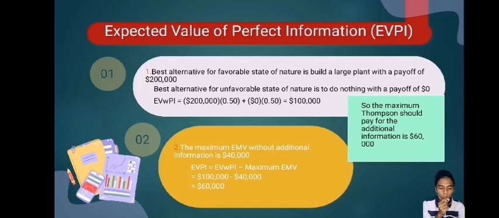So, atong i-solve. So, 100,000 less 40,000 is equal to 60,000. So, therefore, they need to pay a maximum of 60,000 for the additional information.